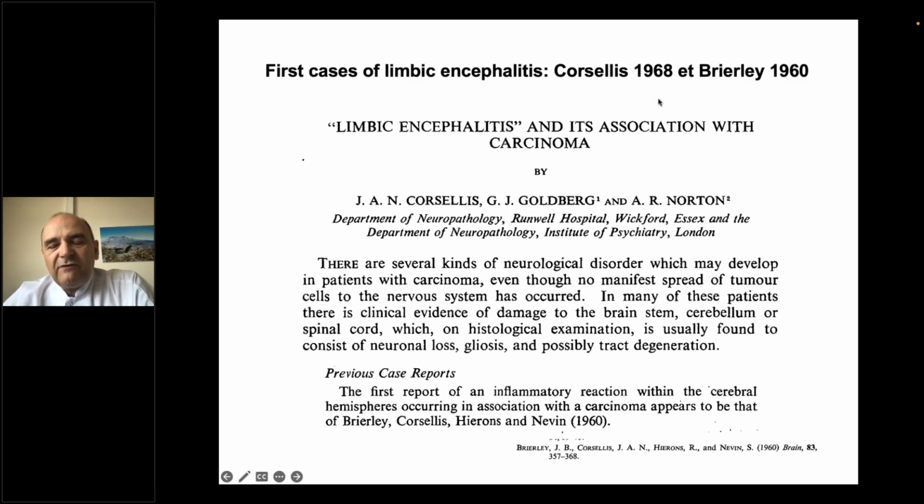After this first description, these patients seemed to be very rare, and the disease was characterized by a very acute and very severe clinical presentation, with patients who were bedridden without good evolution.